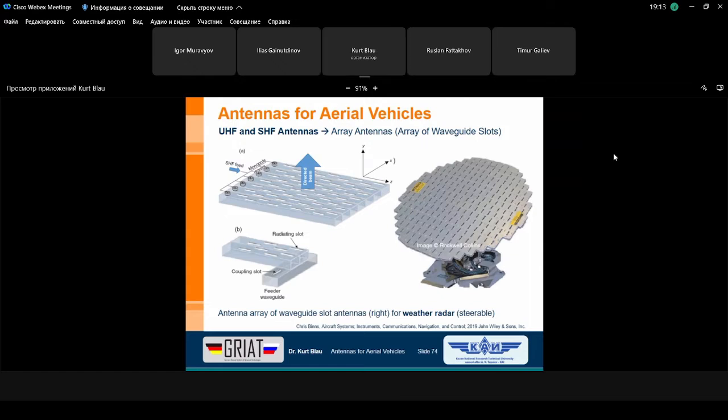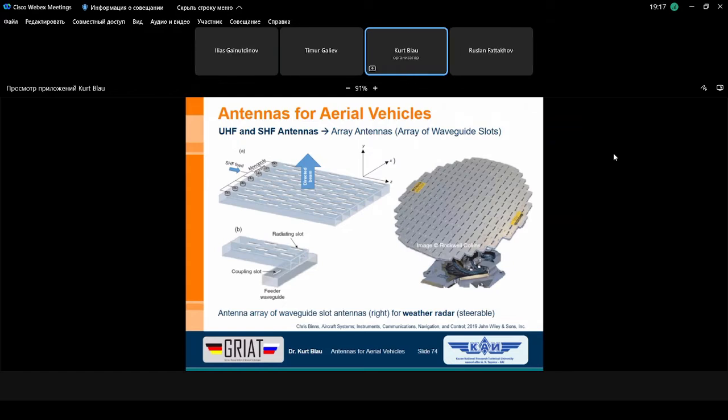And this was, for instance, an antenna array based on these metallic elements, in this case, waveguides.